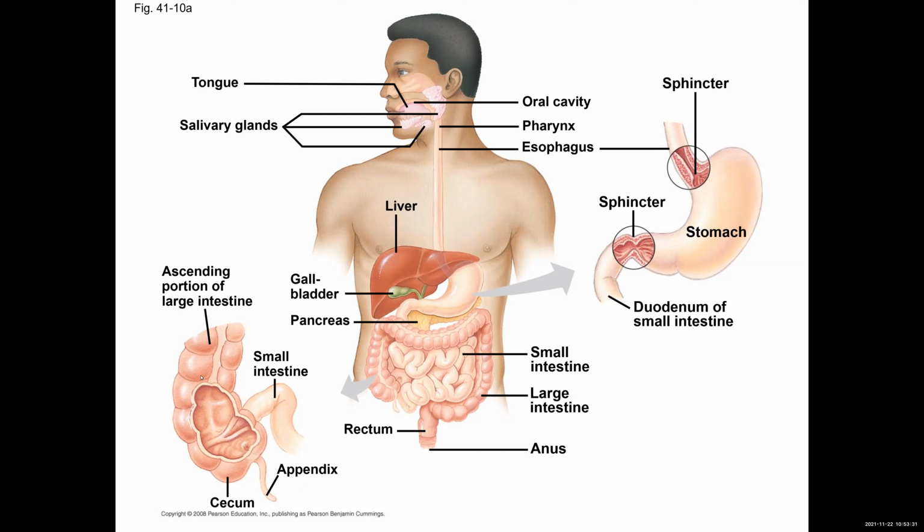So notice we have a variety of other structures associated here. As we're going through the tube of the gut, or the alimentary canal, there are various places where there's a structure called a sphincter, right? A sphincter is similar to a valve in that it's going to be a little ring of muscle. Now, valves are usually sort of flaps. A sphincter is a ring of circular muscle.